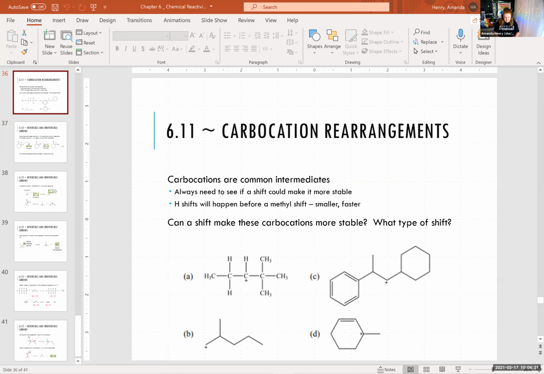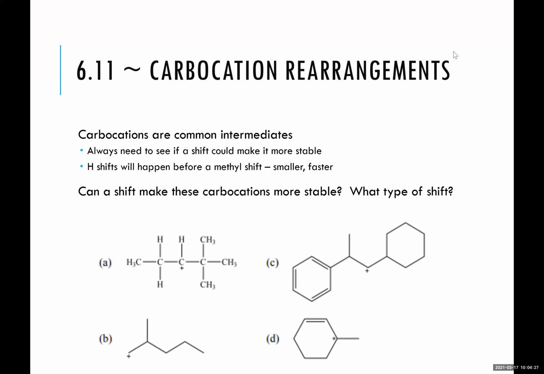So what would be like the 4 groups then? Okay, 1 second. Let me pull up my slides again. Okay, so you said 6.11. So in these examples? Yes, on D. Okay, so letter D. So here's our carbocation, right?